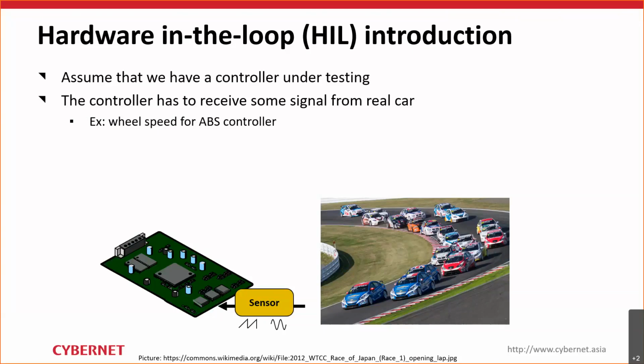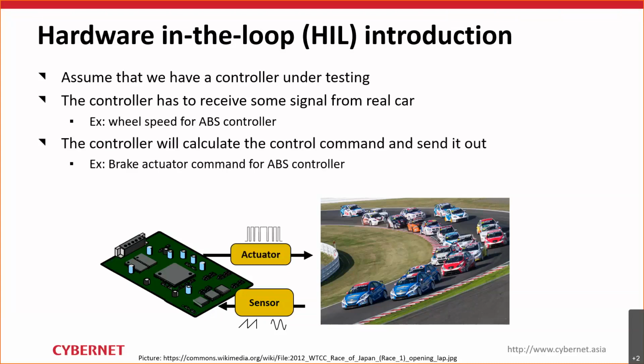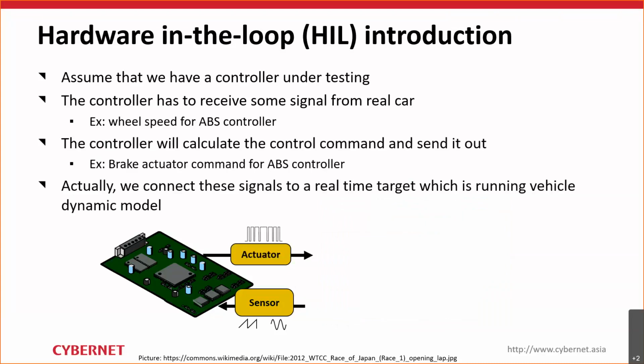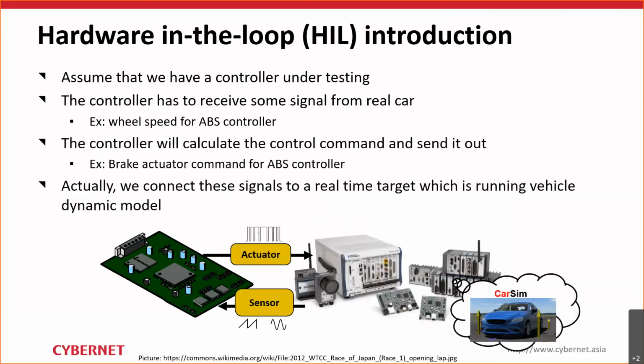Then, the controller will calculate the control command and send it out, just like the ABS controller will send out the brake control command. The difference is we will connect these signals, inputs and outputs, to a real-time simulation platform, which is running CarSim.